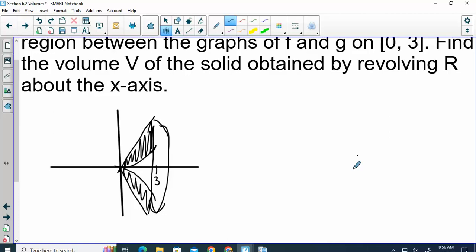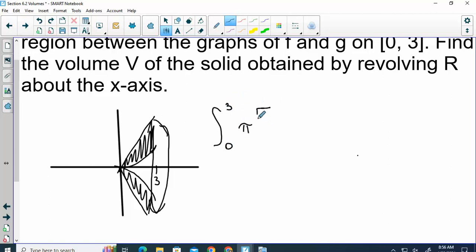When we do this, are we going to do things in terms of x or y? X. When did I tell you to do y's? If it goes around a vertical line, like the y-axis. All right, so we are going to start at 0, end at 3. Pi.